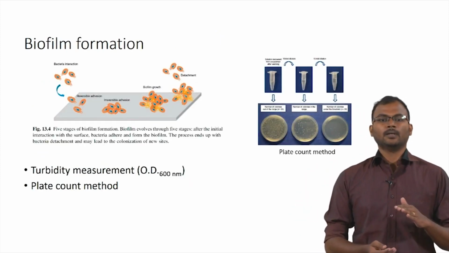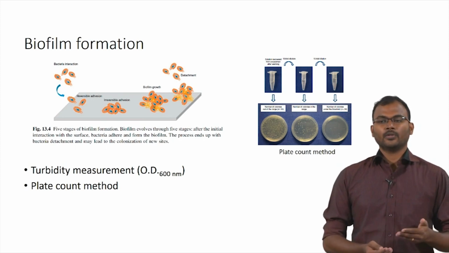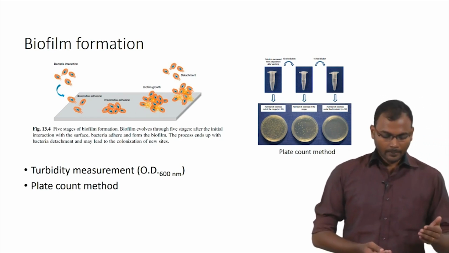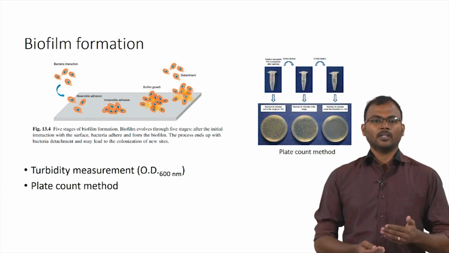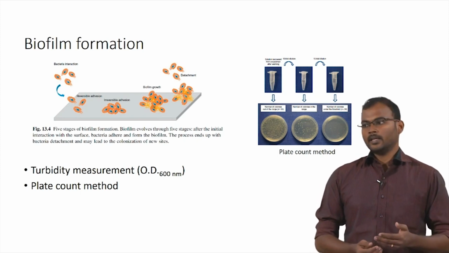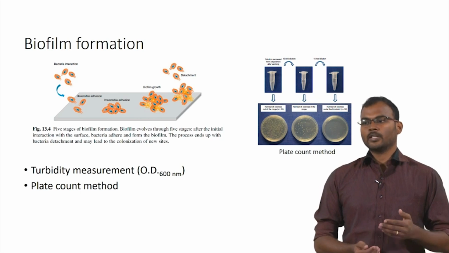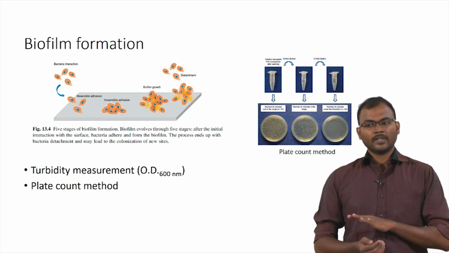A normal bacterial adhesion is reversible. Due to shear force, it can be easily removed from the surfaces. But when bacteria adhere and form aggregates, they change their metabolism and secrete exopolysaccharides. These exopolysaccharides cover the bacterial aggregates and form a thin biofilm.